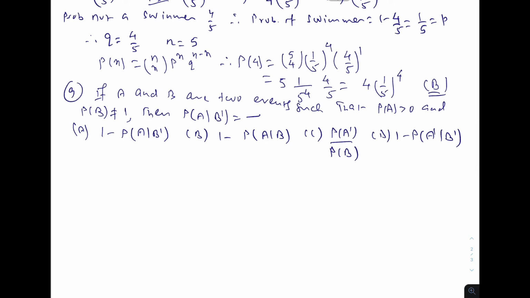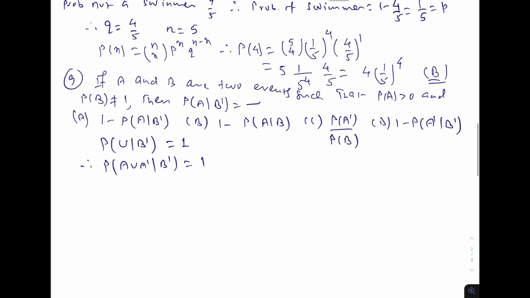Now this is easy. See, can we write it like this? P of the universal set given any set, say B dash, is always 1. Probability of U is 1. And therefore U can be written as A union A dash given B dash is 1.